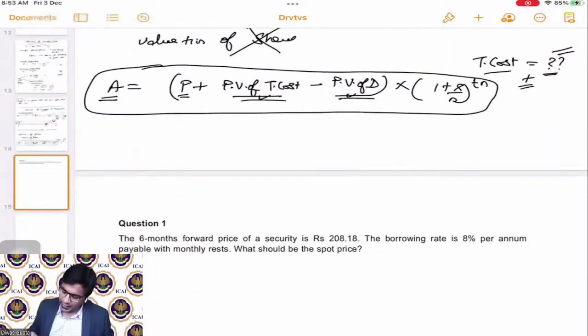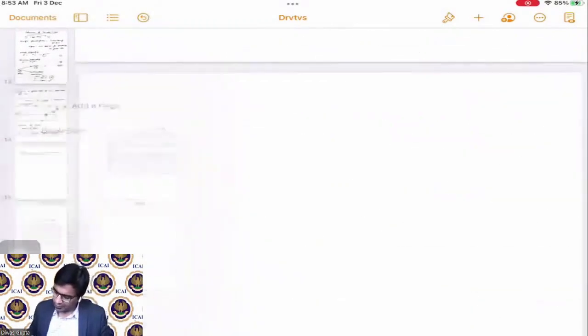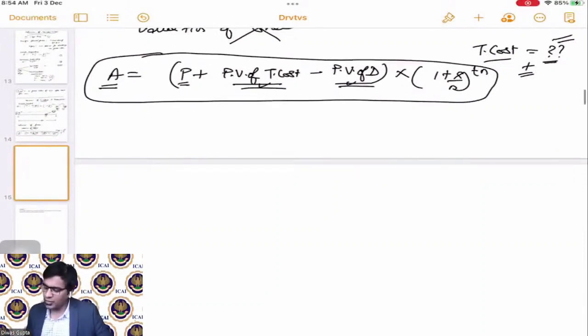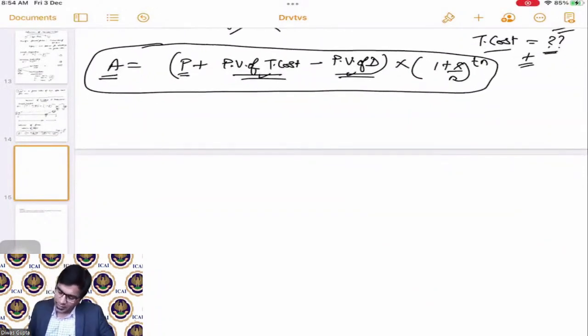Also, I am writing another formula here. So this is what: A is equal to P plus present value of transaction cost minus present value of dividend, 1 plus R by N raised to the power Tn. This is first. Second is, if we talk about continuous compounding, this 1 plus R by N was for the discrete compounding, right?